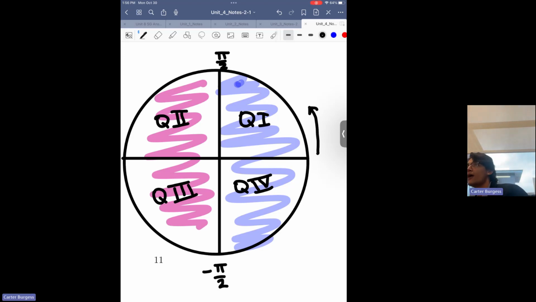So our quadrant 4 angles, which before were like 11 pi over 6, 5 pi over 3, 7 pi over 4, are now going to look a little bit different. Instead of 11 pi over 6, I'll use negative pi over 6. Instead of 5 pi over 3, we'll use negative pi over 3. Instead of 7 pi over 4, we'll use negative pi over 4.